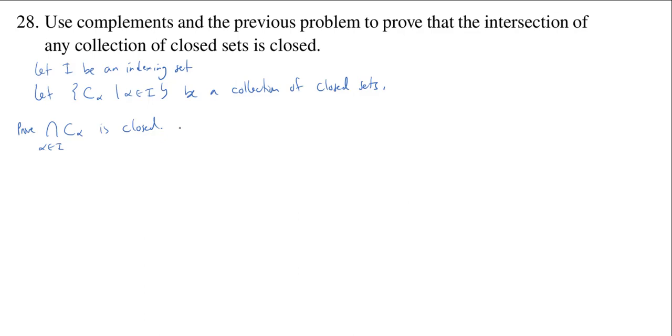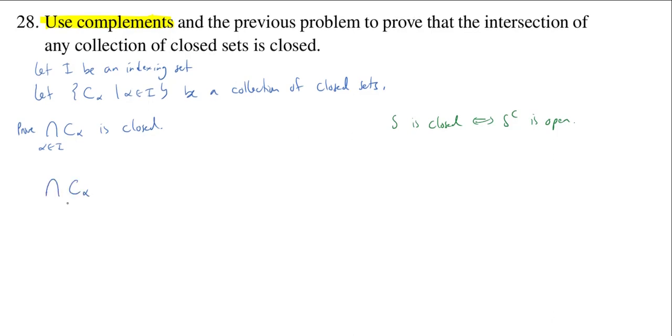Now it tells us very helpfully that we should be using complements. The key idea is that a set S is closed if and only if the complement is open. So instead of having to show that this intersection is closed, I could instead show that the complement of the intersection is open. So let's try that.